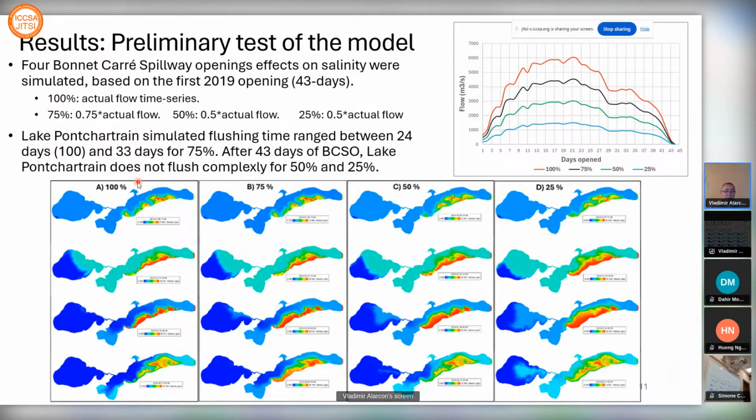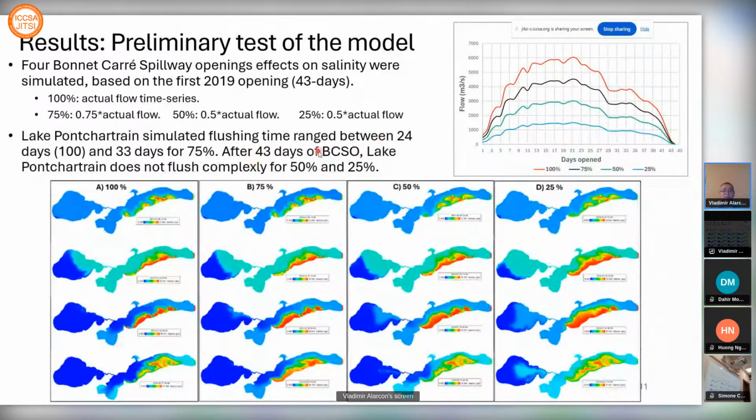Since we saw that this was making sense, we also said, okay, let's try to find the flushing time of the lake depending on the inflow from the Bonnet-Carré spillway. And we decreased this inflow by 25%, 50%, and 75%, so that we can see how the flushing time of the lake is affected by the increase or decrease of the inflow from the spillway.